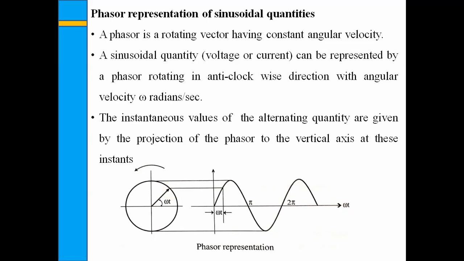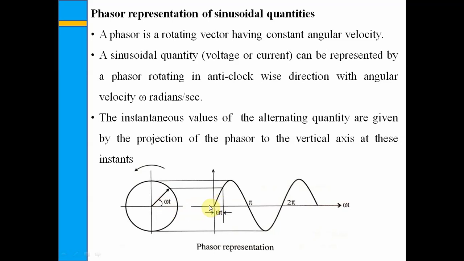The instantaneous value or magnitude at this instant is obtained by projecting the phasor onto the vertical axis. So, this is the magnitude at the instant represented by this point, which is the same as the magnitude obtained on the y-axis. So at any instant, the instantaneous value can be obtained by projecting the vector onto the vertical axis.